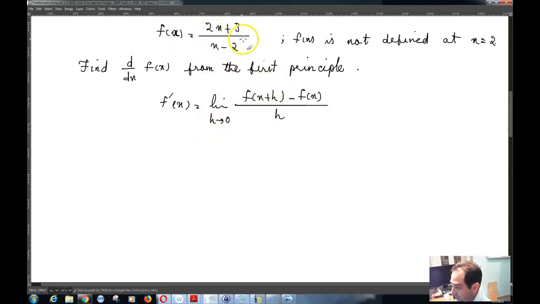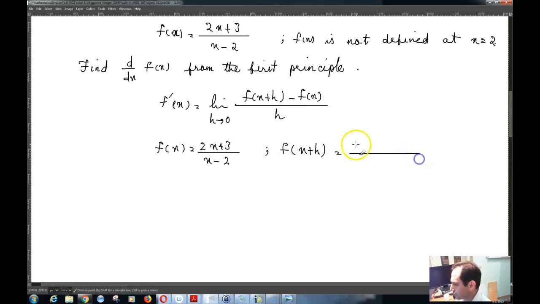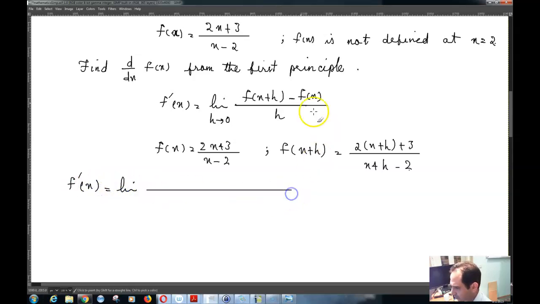So now over here your function is f of x is equal to 2x plus 3 over x minus 2, and so f of x plus h is equal to 2 times x plus h plus 3 over x plus h minus 2, and so f prime of x is equal to the limit of f of x plus h, which is this thing over here, 2 times x plus h plus 3 divided by x plus h minus 2, minus f of x, which is basically this function over here, 2x plus 3 over x minus 2, over h as h tends to 0.